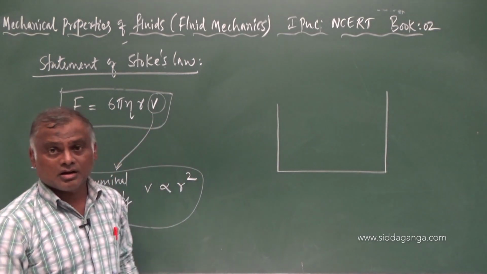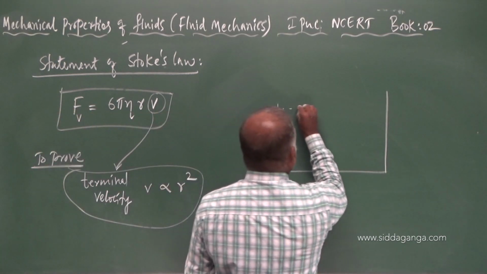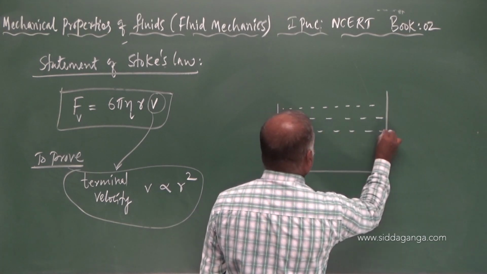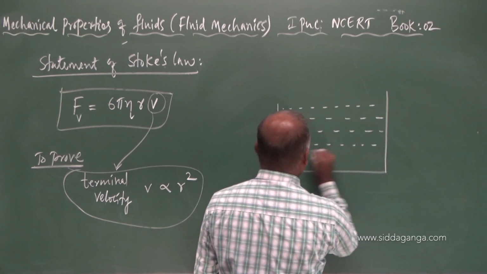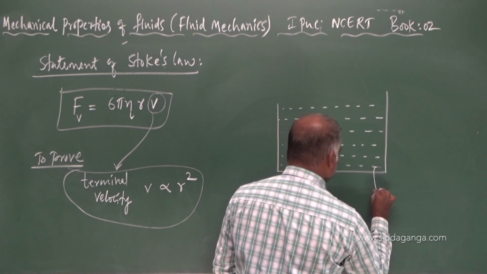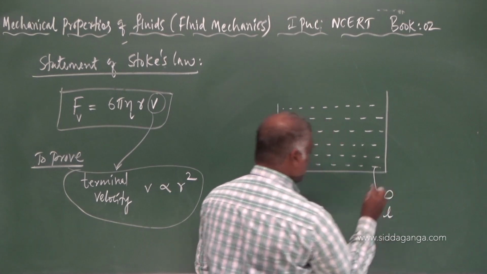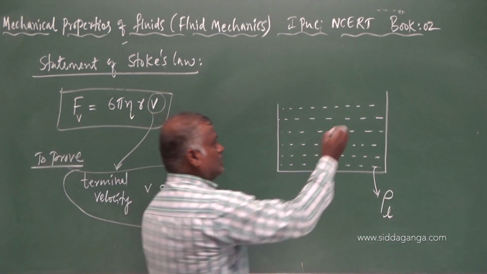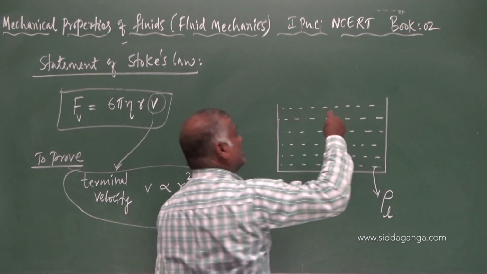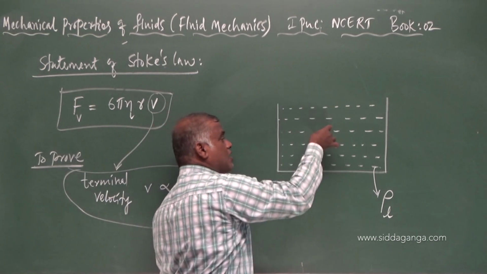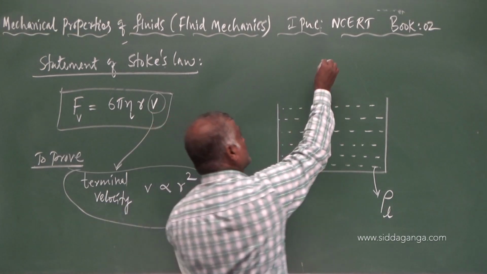Take a container filled with fluid, some liquid is there. Let us say rho L is the density of the liquid, and a spherical object is now dropped into the liquid from a certain height.